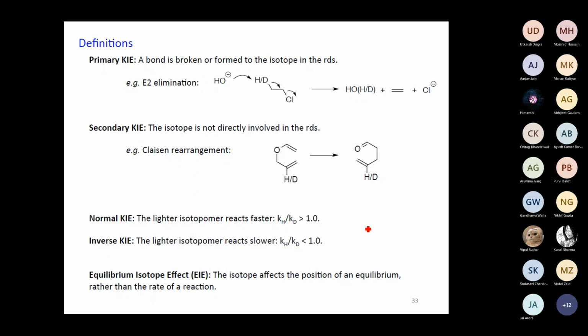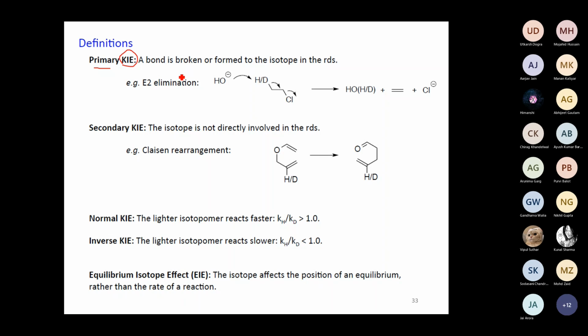Now I'm telling you about a couple of definitions that you need to know first. Everything is KIE, kinetic isotope effect, but one term is primary. One is the PKIE, primary kinetic isotope effect. I'm coming to it later in detail.